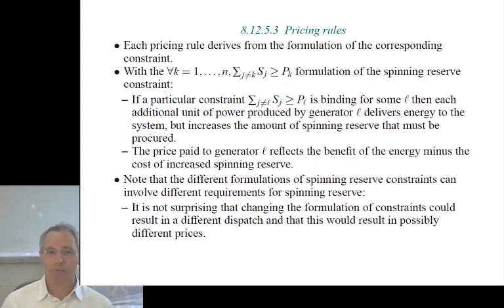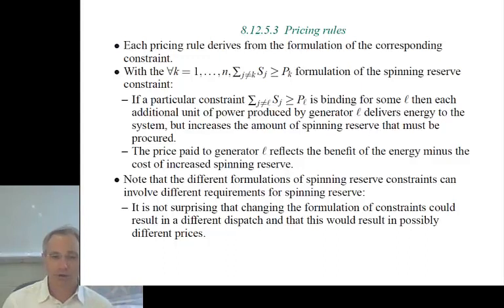So, let me make some observations. Each pricing rule derives axiomatically directly from the formulation of the corresponding constraint. In our formulation of the spinning reserve constraint, for all generators, the reserves have to cover the generation. If a particular constraint is binding for some generator L, then each additional unit of power produced by generator L delivers energy to the system, that's a benefit, but it increases the amount of spinning reserve that must be procured.